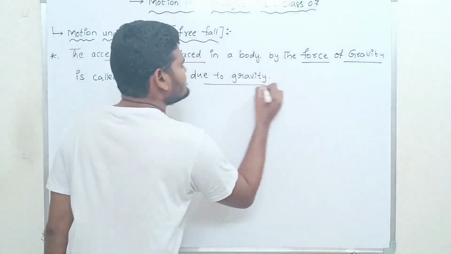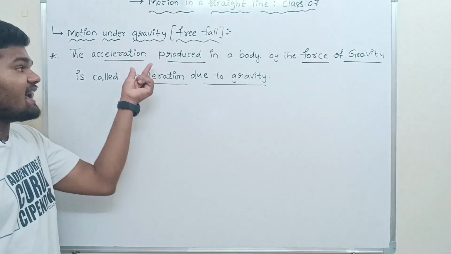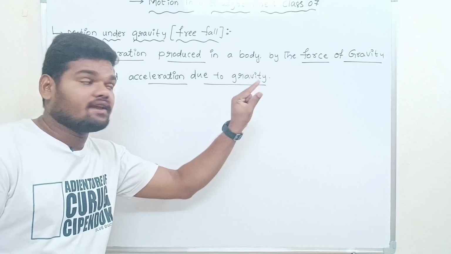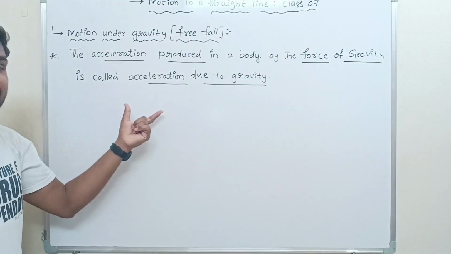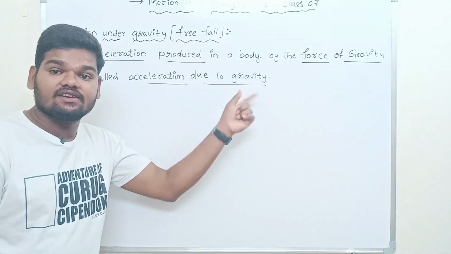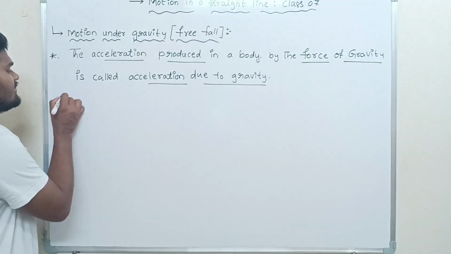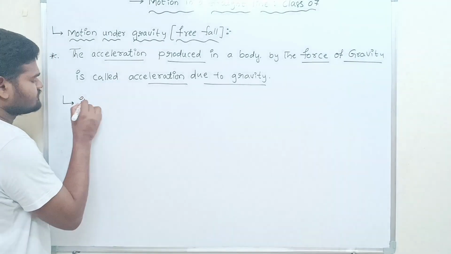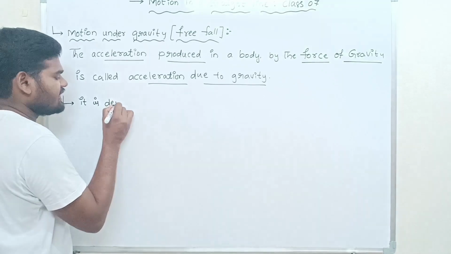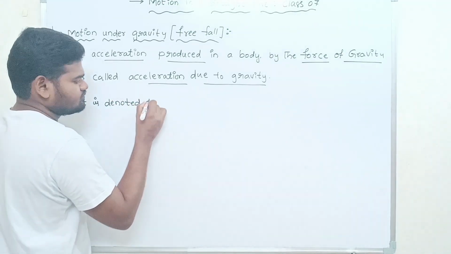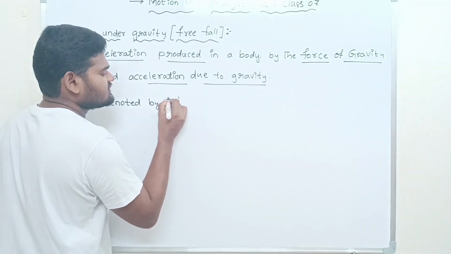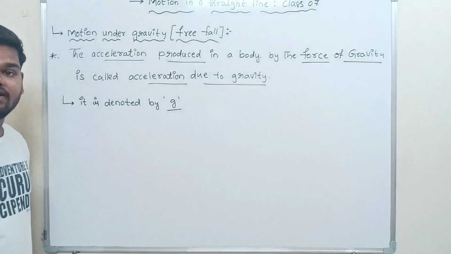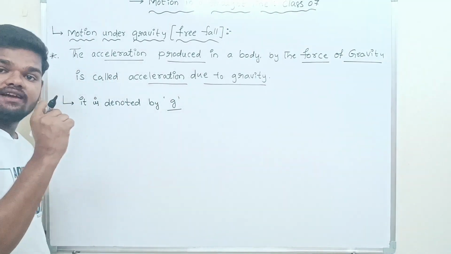What is the meaning of acceleration due to gravity? If the acceleration is produced in a body by the force of gravity, then it is called acceleration due to gravity, and it is denoted by small g.